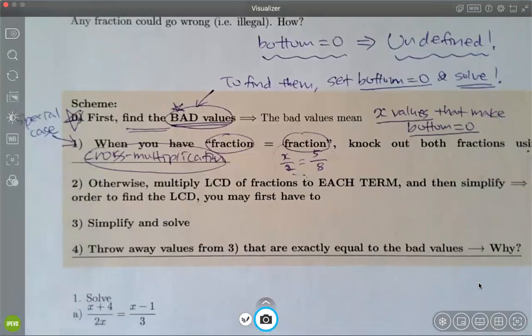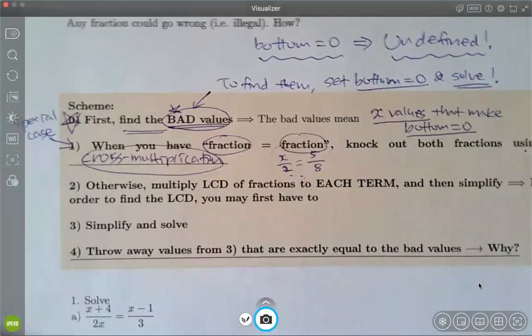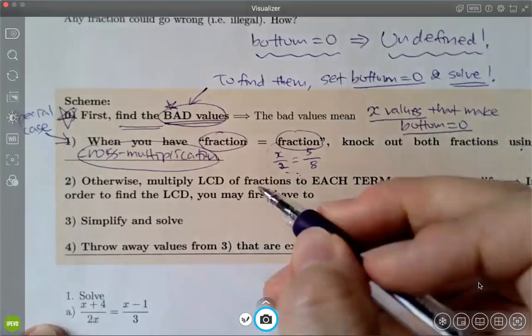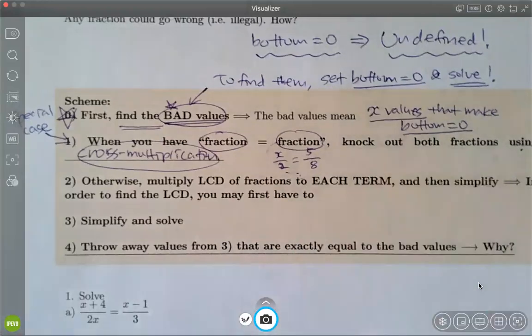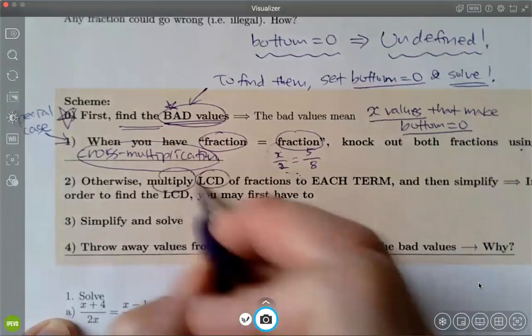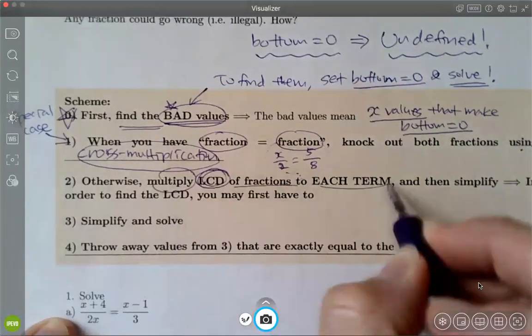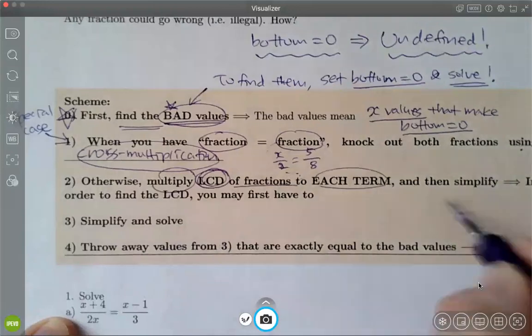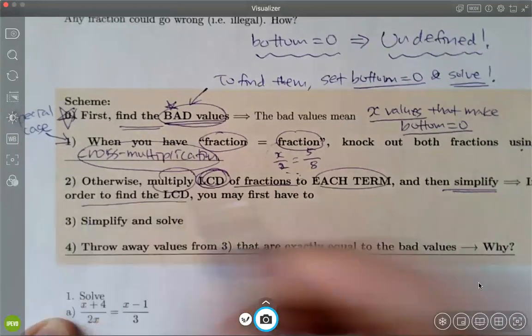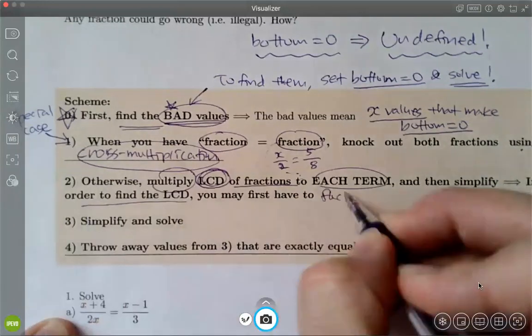Otherwise, if you don't have fraction equals fraction, we go back to what she said earlier: multiply the LCD of the fractions to each term, and then simplify. And in order to find the LCD, you may have to factor denominators.